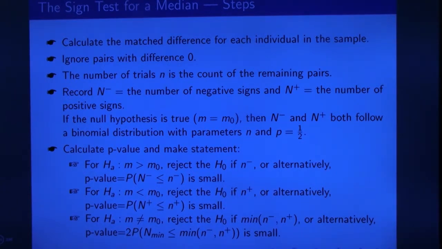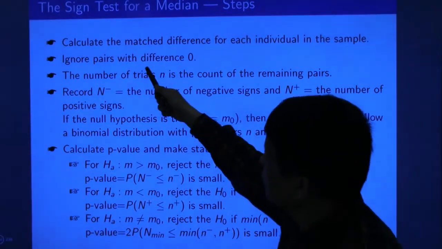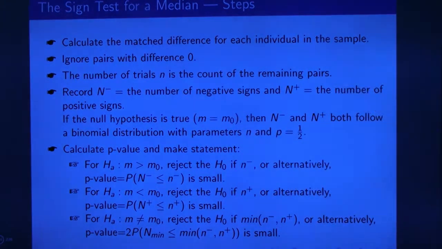So here is the summary of the steps, how to do a sign test for a median. Step 1, calculate the difference for each individual in the sample. Second, ignore pairs with difference 0. In our example, our difference is not equal to 0. It's negative or positive. But if there is any difference equal to 0, we just ignore that. The number of trials N is the count of the remaining pairs, and does not include the difference 0.